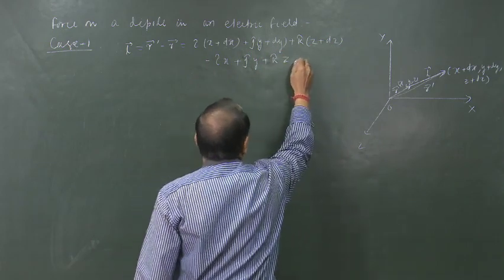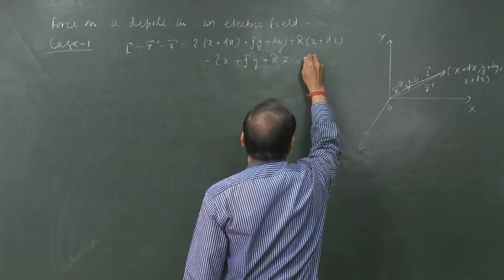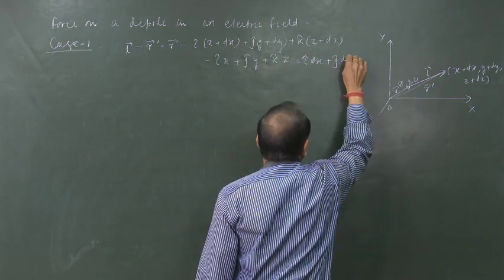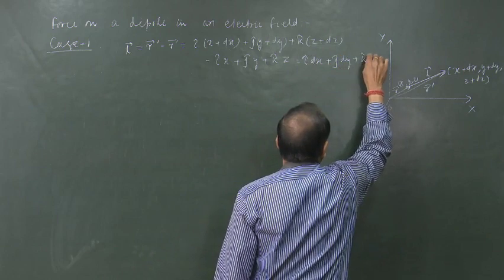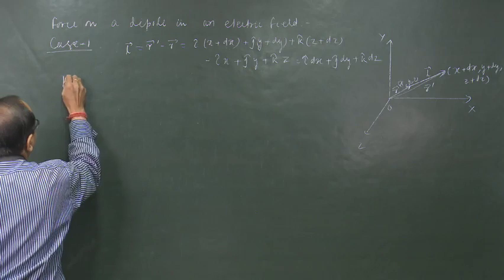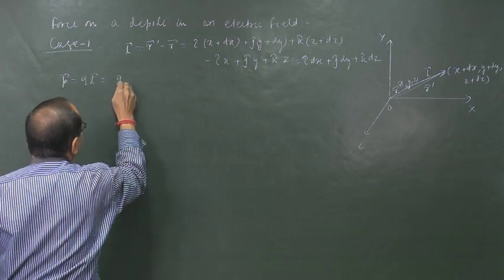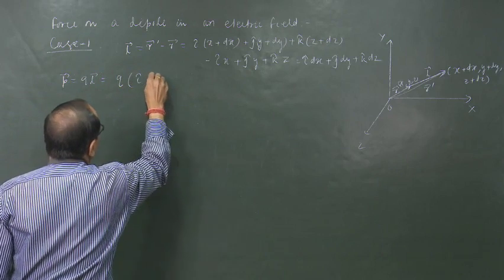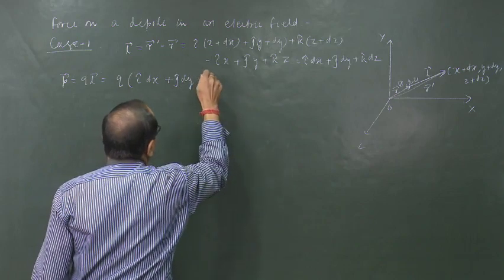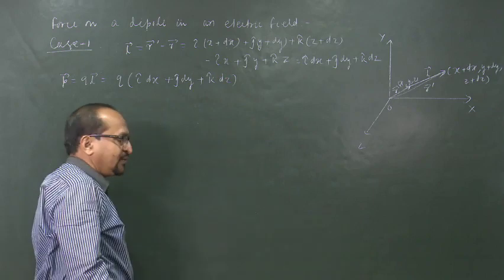So, this is equal to i cap into dx plus j cap into dy plus k cap into dz, and the dipole moment P is equal to q into L, which now becomes q into (i cap dx plus j cap dy plus k cap dz). Okay.